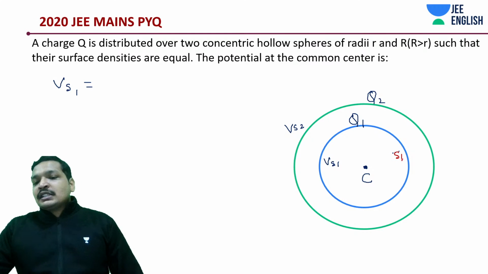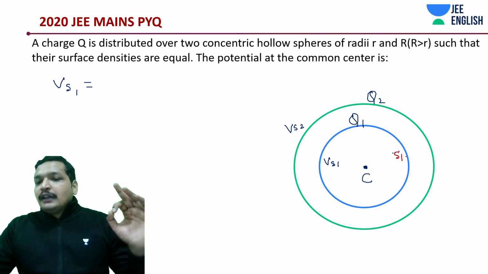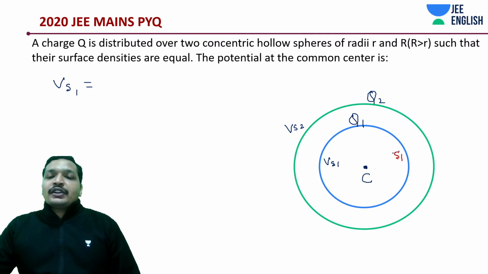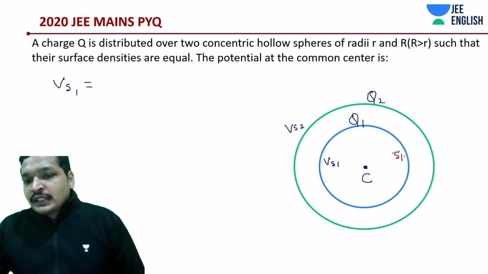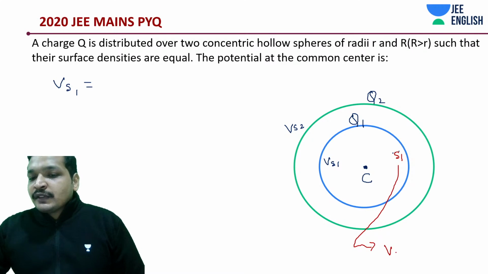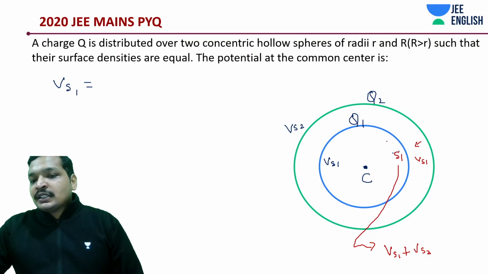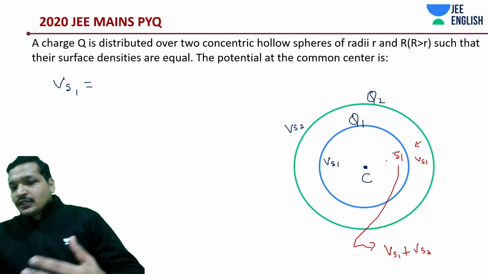If I'm just talking about surface 1, if let's say this question was there in your JEE Advanced, surface 1 is given to you. What is the potential on surface 1? On surface 1, the potential is going to be also Vs1 plus Vs2, right? Anywhere inside this place, it's basically Vs1. As soon as you enter this shell, it's going to be Vs1 plus Vs2.